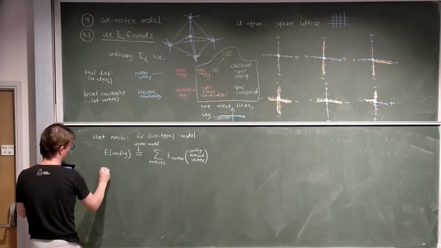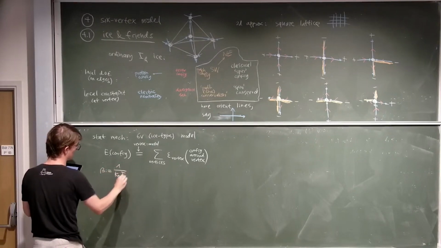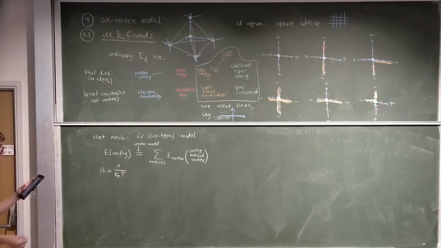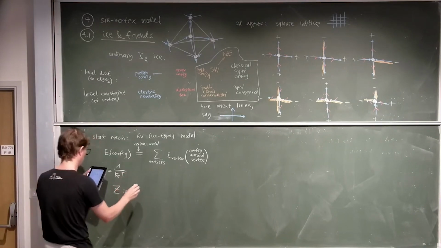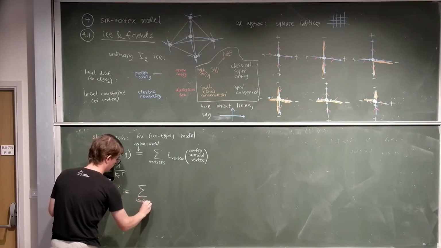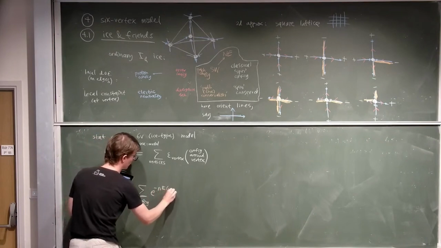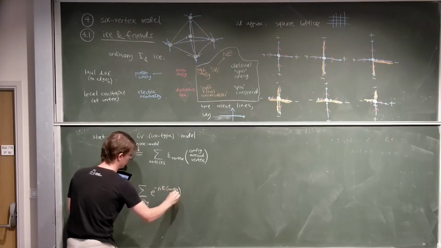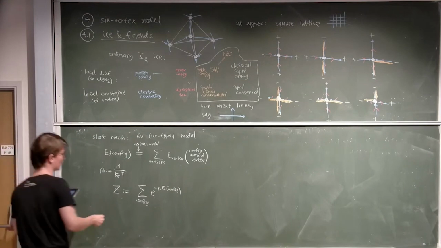So then, in statistical mechanics, we define beta to be 1 over the Boltzmann constant Kb times the temperature. So this is the inverse temperature. And we define the partition function to be the sum over all possible configurations of e to the minus beta energy of that configuration. And the partition function is nice.